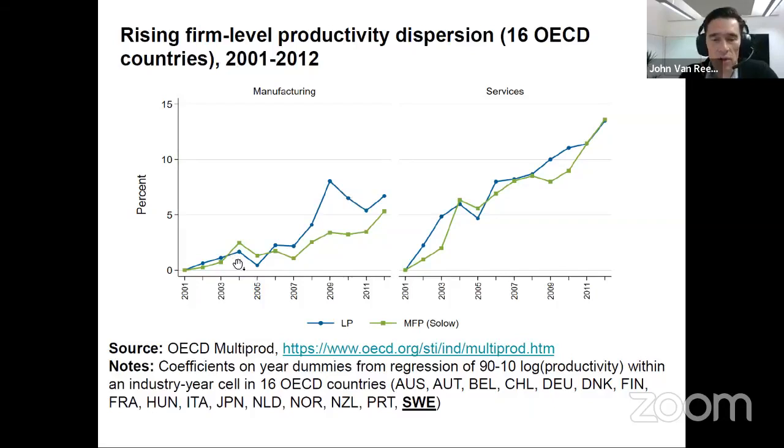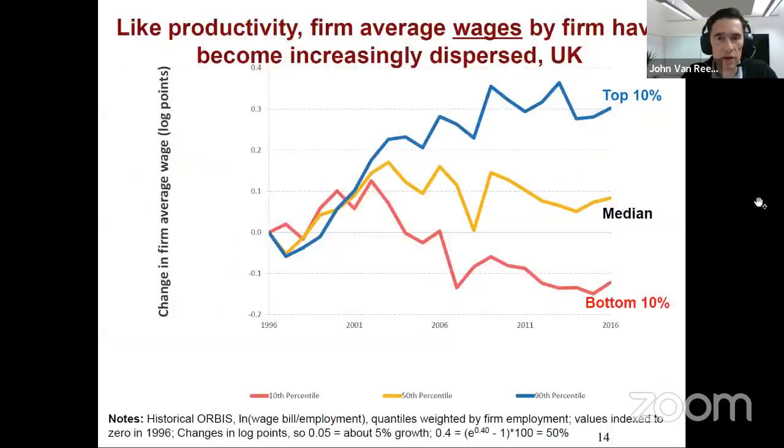And this is just showing you the change of productivity, both labor productivity or this other measure of total factor productivity, manufacturing and services. And this is just showing you that there's increased productivity inequality across all these countries in the OECD. So within each country, there's been this increase of difference in productivity across firms.